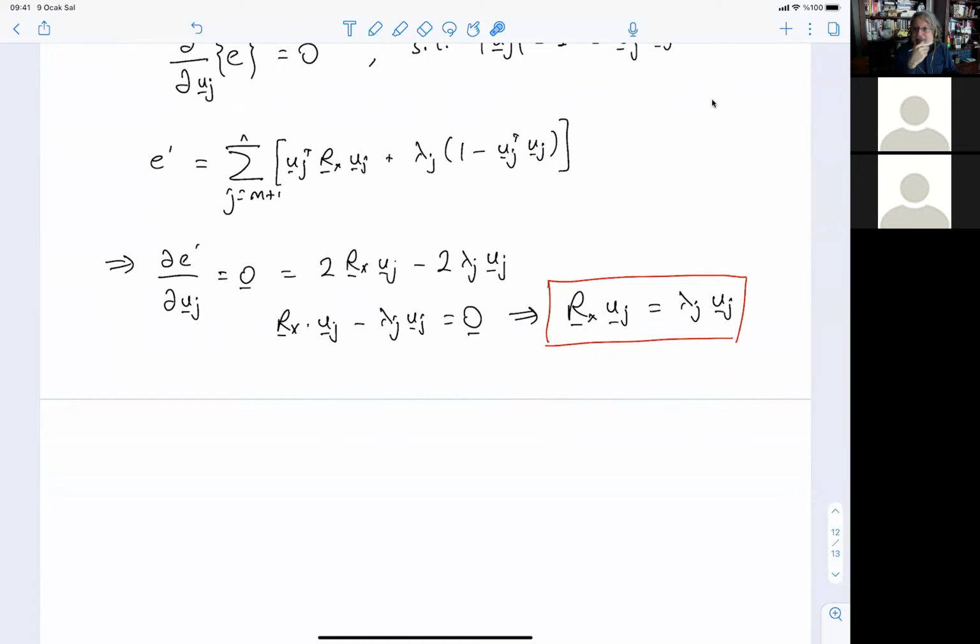I'm asking you guys. I think it's like ones. One vector consisting of 1, 1, 1, etc. Yes. I would say why? What makes you think that uj can be replaced with a one vector? Yeah, because Rx uj equals lambda j uj.